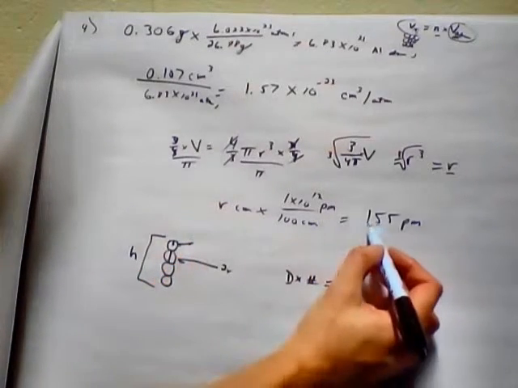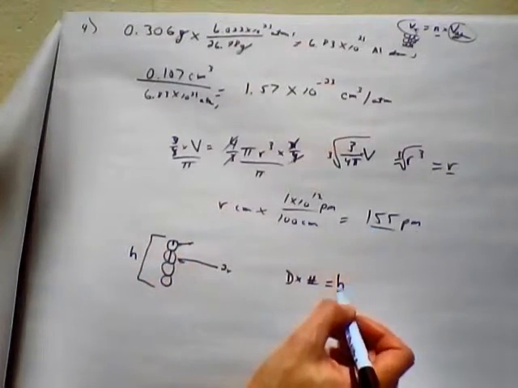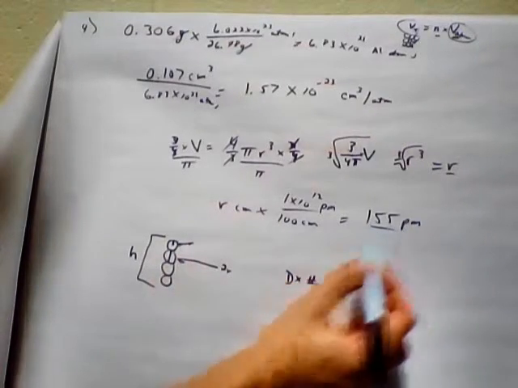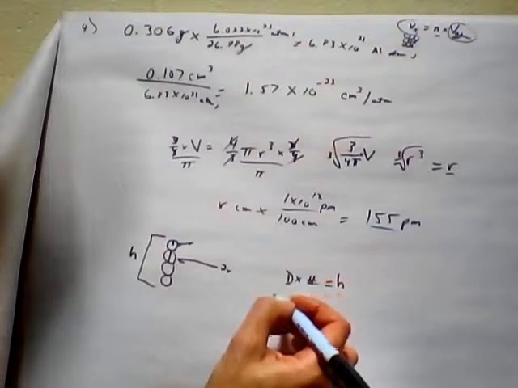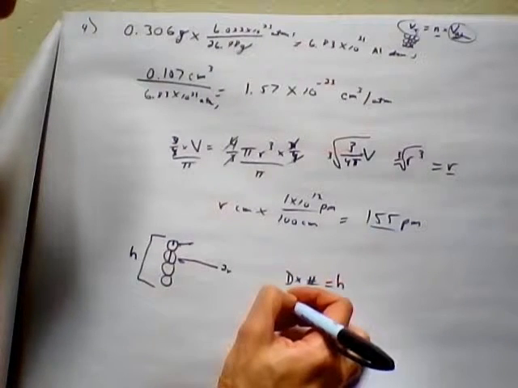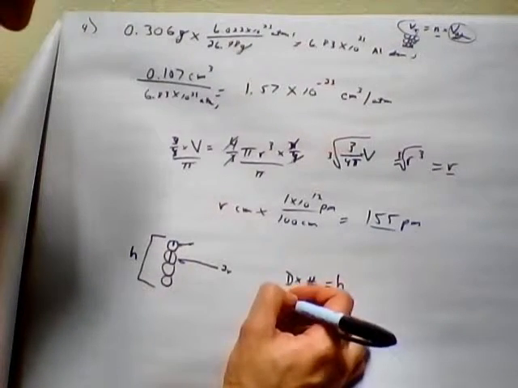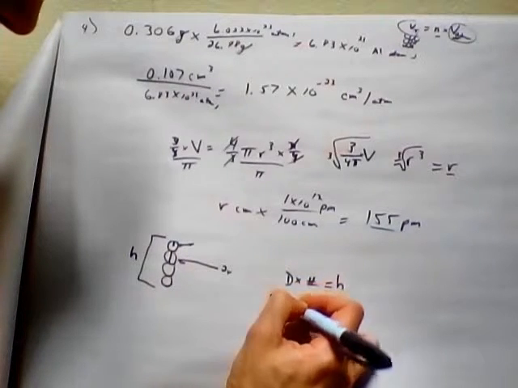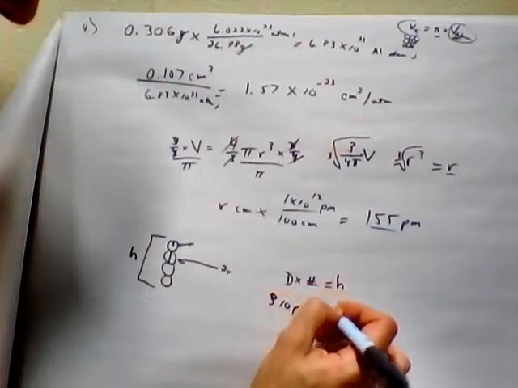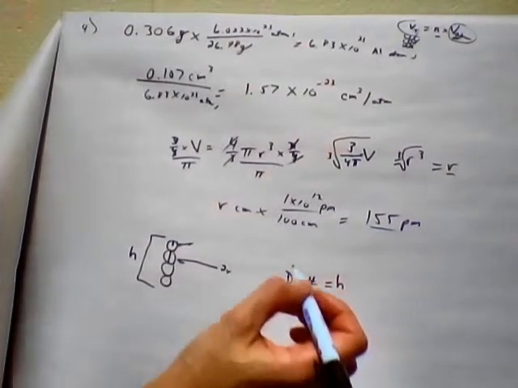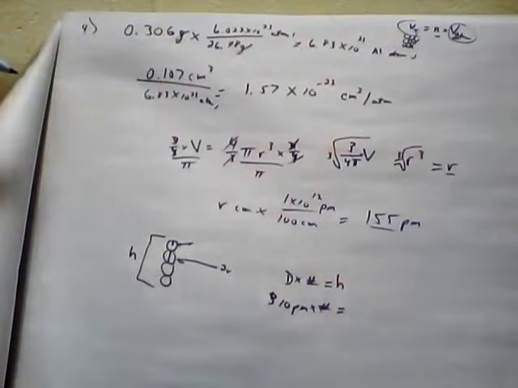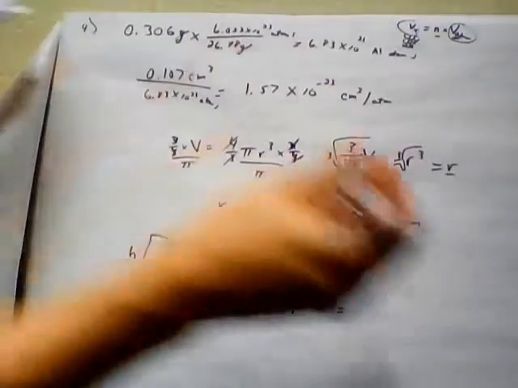So we just figured out a radius. I do need to watch my units here. If I'm putting this in picometers, my diameter will be 310 picometers times my number of atoms, which is going to equal the height. And the height that I solved for, the thickness of the foil, was 0.00154.